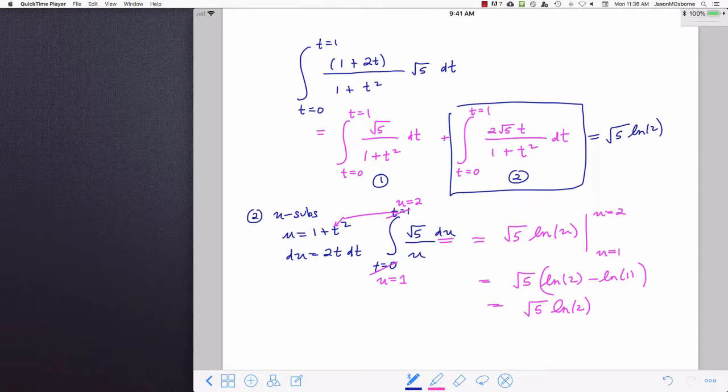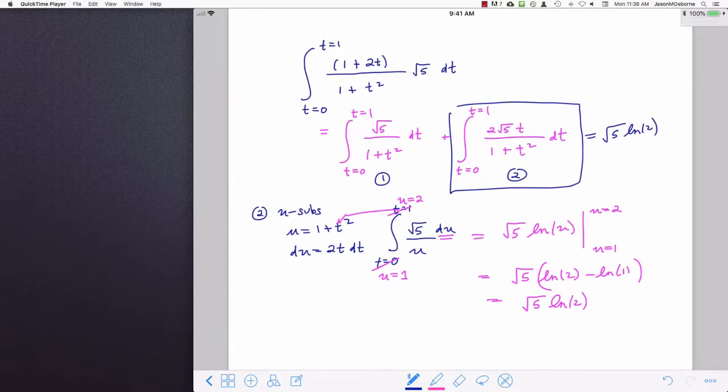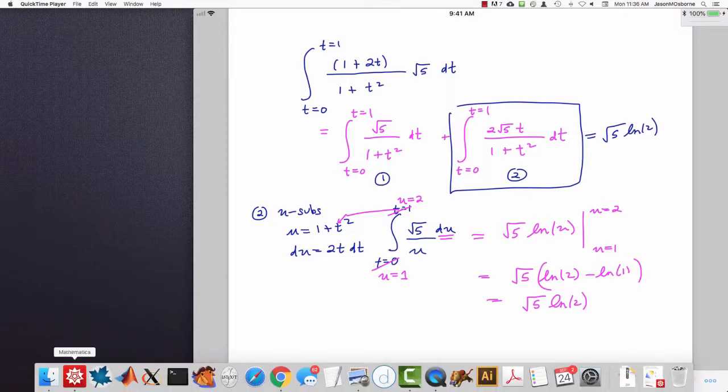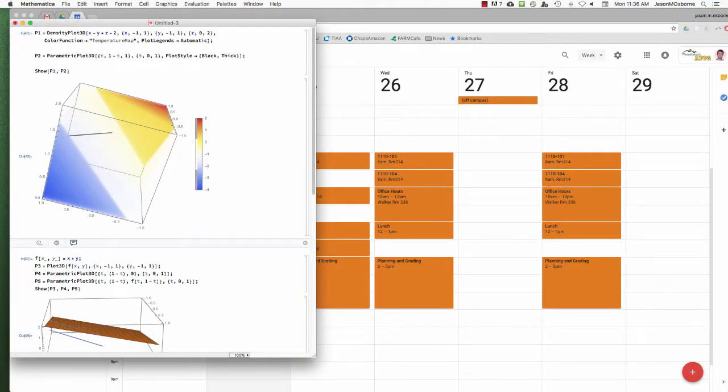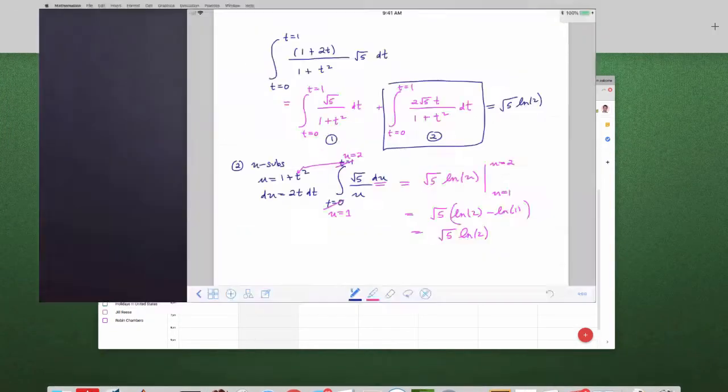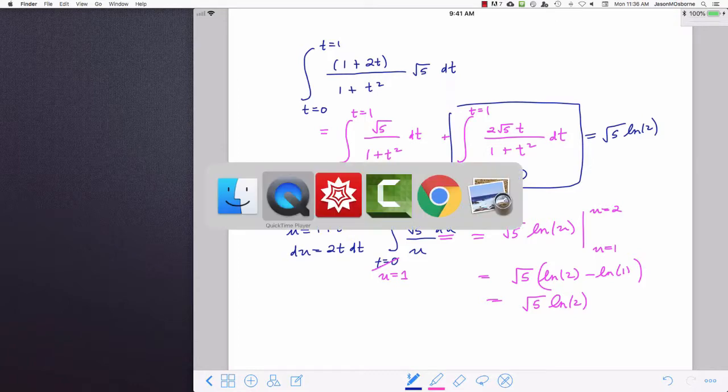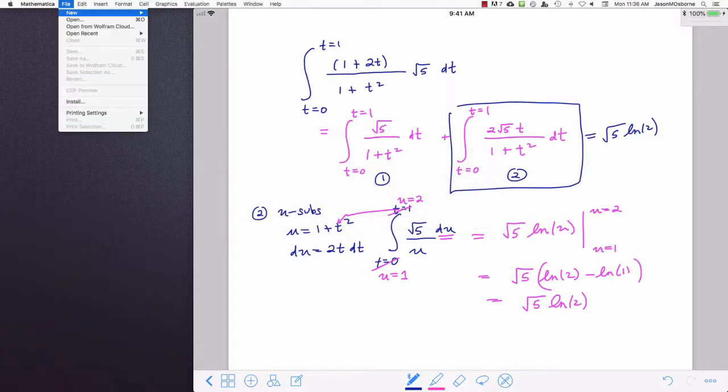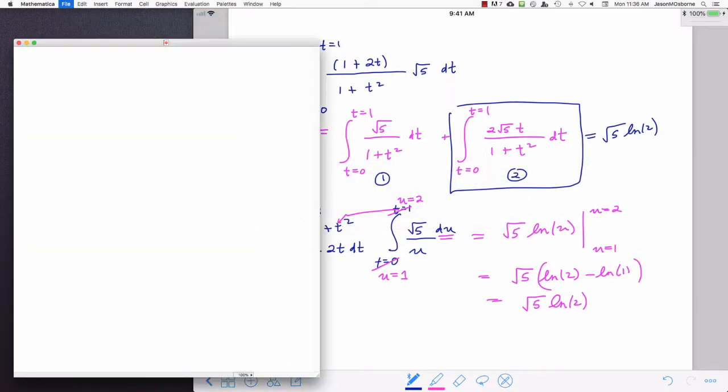The first integral looks like one of those problems that we should know from Calculus 2. I will let you look that up in a table, or I can show you how to look at it in Mathematica. Let me bring in Mathematica here. File, new notebook. Change the font up here.